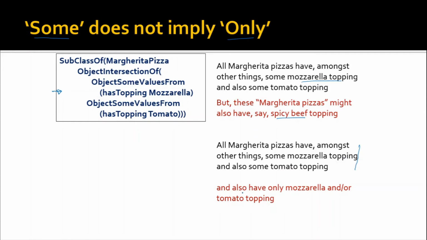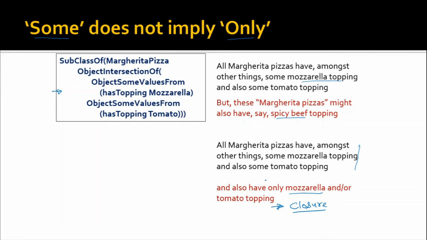But also we are imposing the restriction that it has only mozzarella or tomato topping, nothing else. In that sense, this spicy beef topping is ruled out. This is what we call, in technical terms, closure. Here we are having an enclosure on the values that it can take, only.